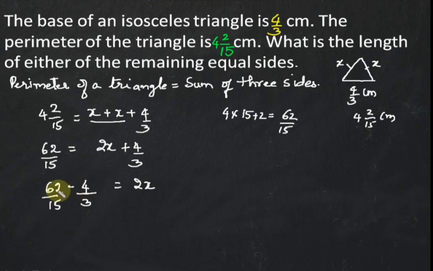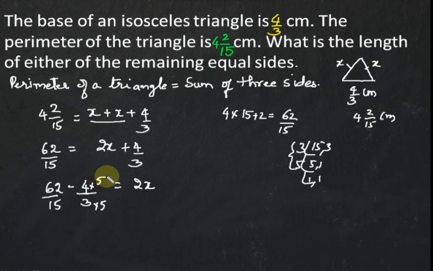Next thing is to equate the denominators before subtracting. So 15 और 3 का हम LCM लेंगे just like we did earlier. 3 5s are 15, 3 ones are 3, 5 ones are 5, and now you multiply 3 into 5 is 15. So this 3 you are going to make it 15 by multiplying with 5.